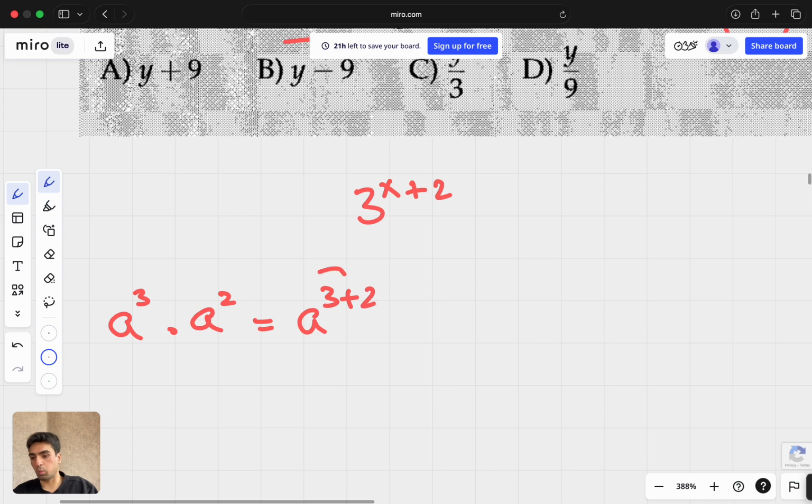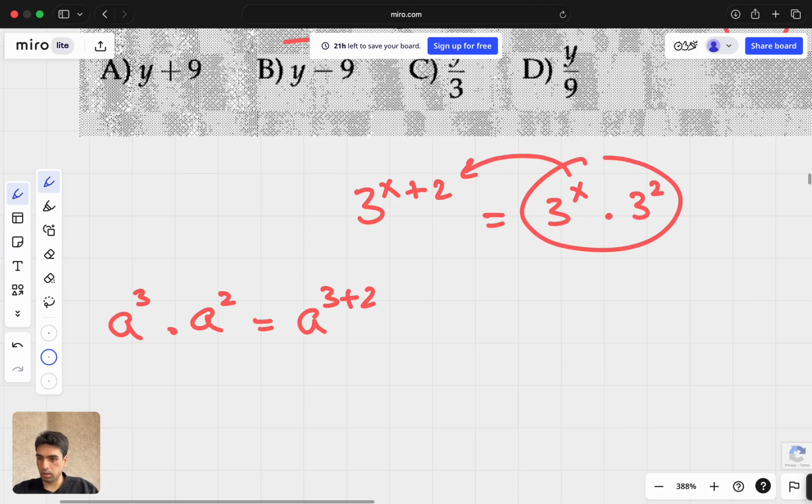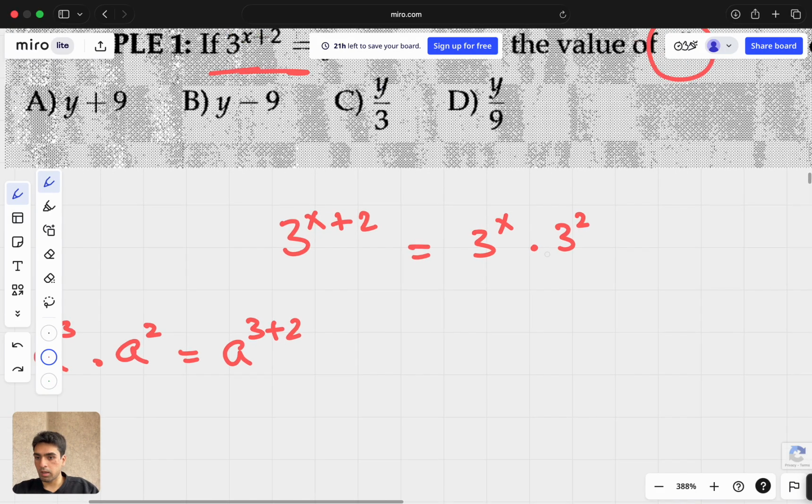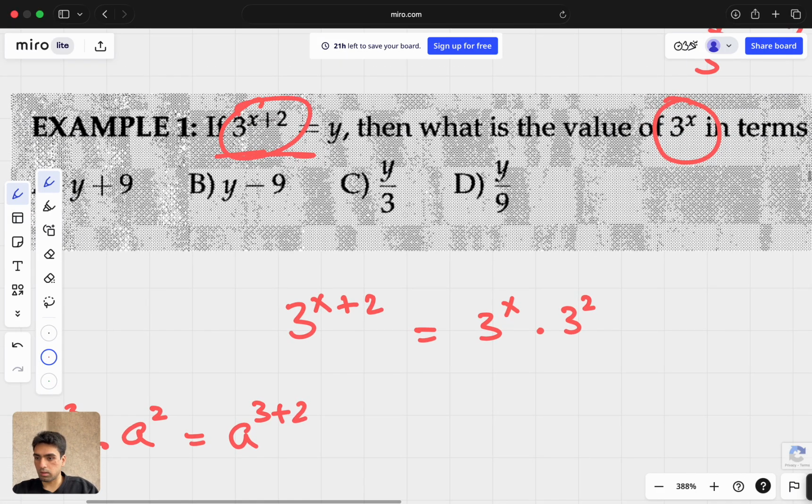So basically, we're going backwards. We're going from here to here. So I can separate this by writing 3 to the power of x multiplied by 3 to the power of 2, which is the same thing as this, right? So x plus 2, because they're multiplying. And then this equals this, which equals y.